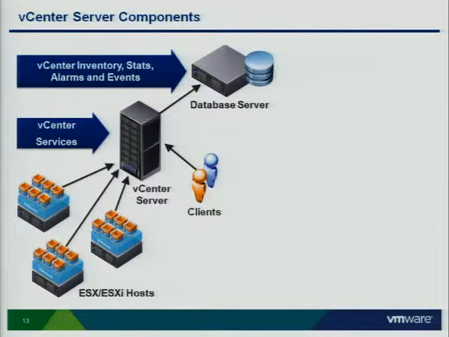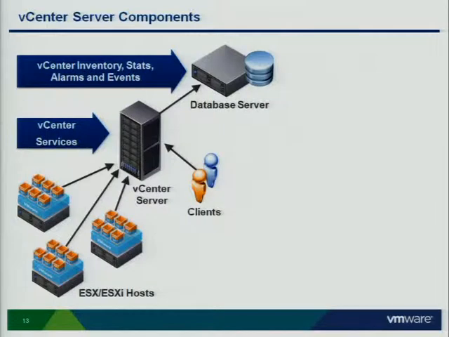And the second and most important thing is your vCenter database, because anything to do with your infrastructure, your VMs, hosts, configurations, whatnot, everything is persisted in that database. And as far as the database is concerned, the data that we store is primarily around three things. One is your vCenter inventory: VMs, hosts, and so on. Alarms and events, which are associated with anything triggered as a result of state changes or other thresholds that you have defined for management.